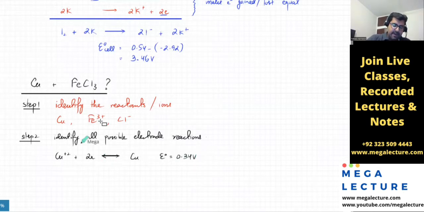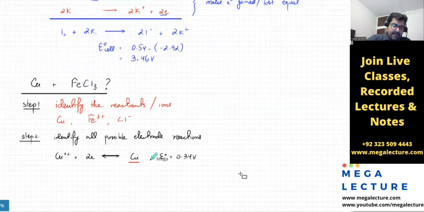So remember, I'm going to write all possibilities involving copper. And always remember, these are reversible reactions. So the reaction could be going in the backward direction or it might be going in the forward direction. We haven't figured that out yet. Right now, this is a reversible reaction. It can go in both directions. So this is the reaction for copper.